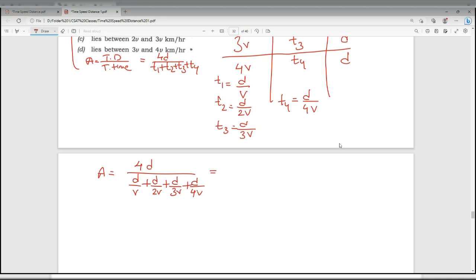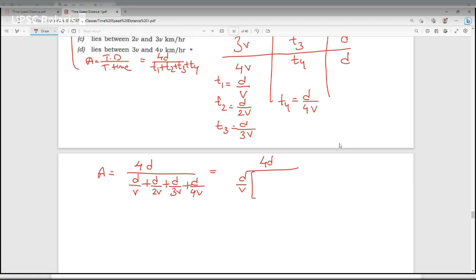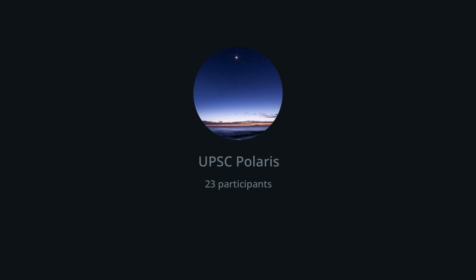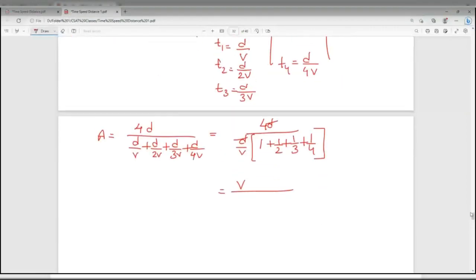This is equal to 4d divided by, let's take d by v as common, 1 plus 1 by 2 plus 1 by 3 plus 1 by 4. So this d goes to the numerator. Then in the denominator, find out the sum of these fractions.